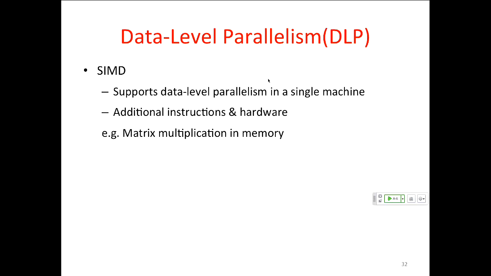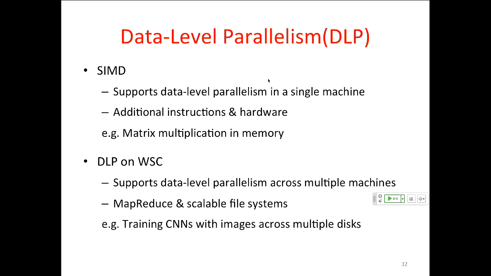It's basically supported by additional instructions and hardware in a single machine, right? One of its applications is matrix multiplication in a single memory. So now we are talking about data level parallelism on warehouse scale computers.